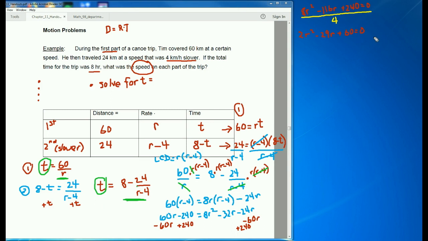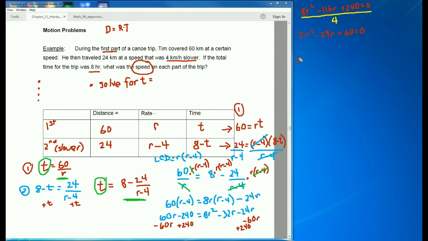Okay. All right, and at a glance, I don't feel like trying to factor it, so let's just use the quadratic equation. We have a equals 2, b equals negative 29, and c equals 60.